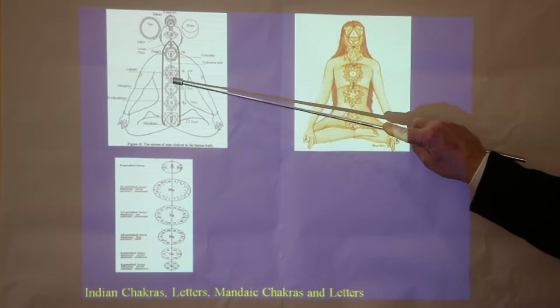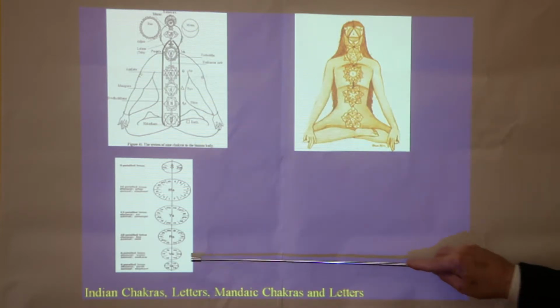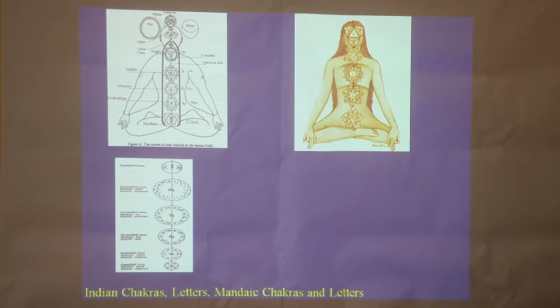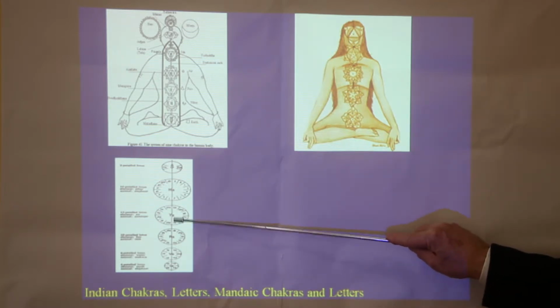And this in Kashmiri Shaivism, or the Shiva religion linked in Kashmir, becomes then an ascent to God. And so the letters are not just letters, they are actually like a ladder to get back to heaven from where you came. And if you descend, then it's a descent into creation. And they get linked with the various chakras. And those chakras in turn get linked with the Yavarga, so Ya, Ra, La, Va, and so on. And you see those there.